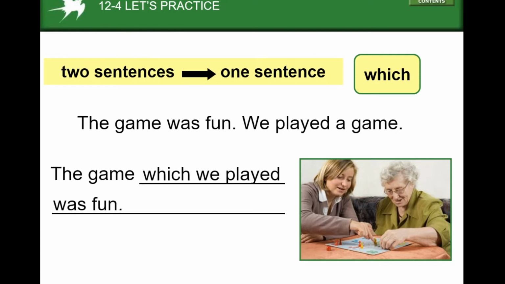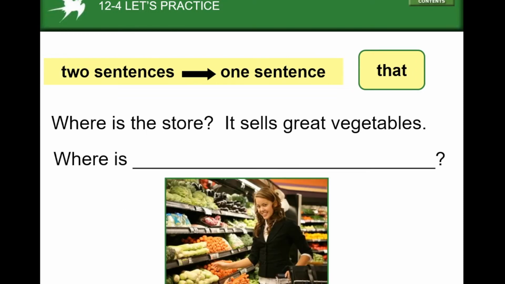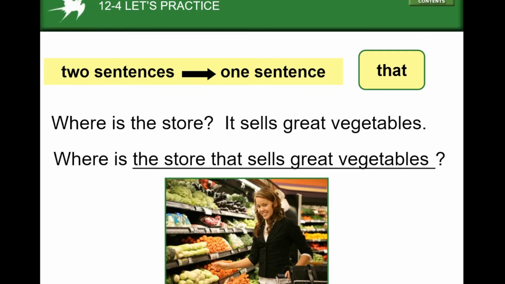Fabulous! Let's try one more. Where is the store that sells great vegetables? Well done you!